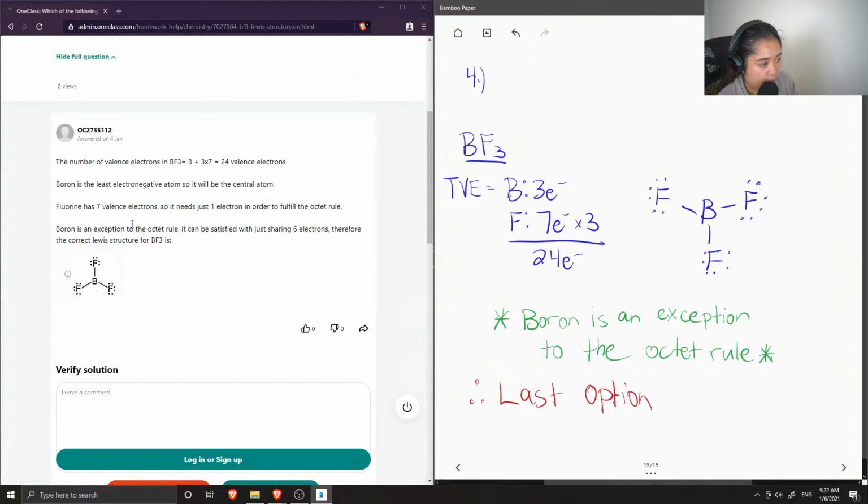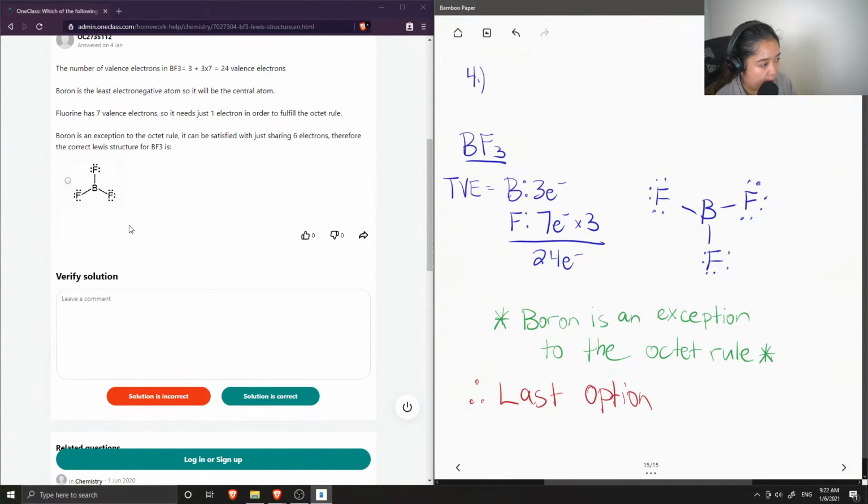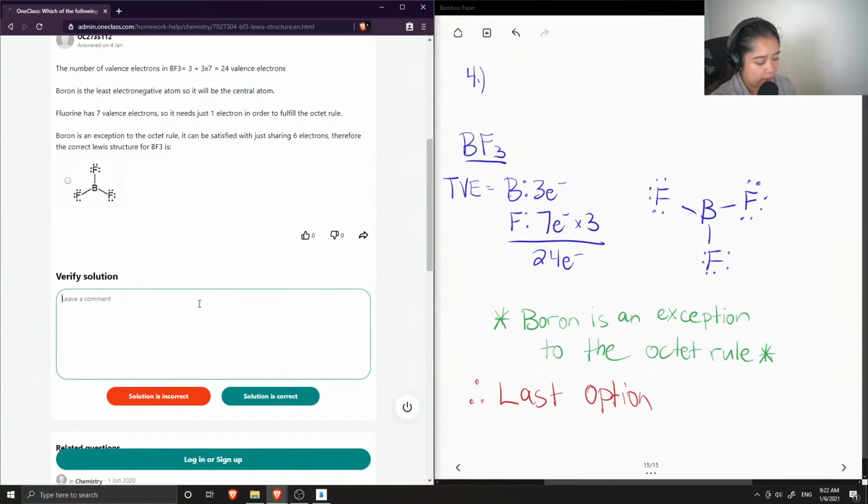Boron is an exception to the octet rule. It can be satisfied with just sharing 6 electrons. Therefore, the correct Lewis structure for BF3 is the following. Yep, so this solution is correct.